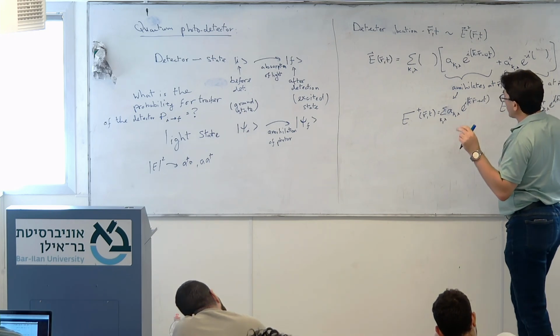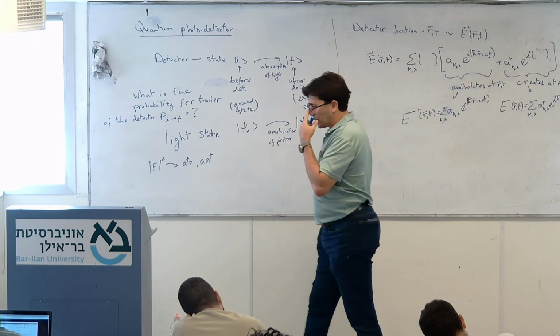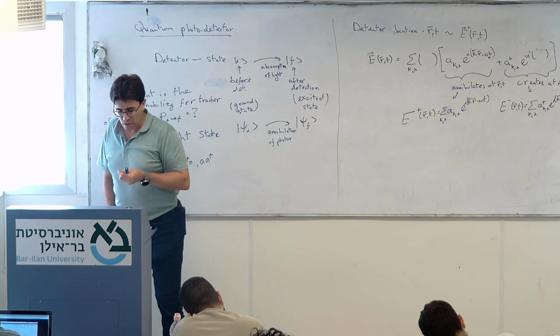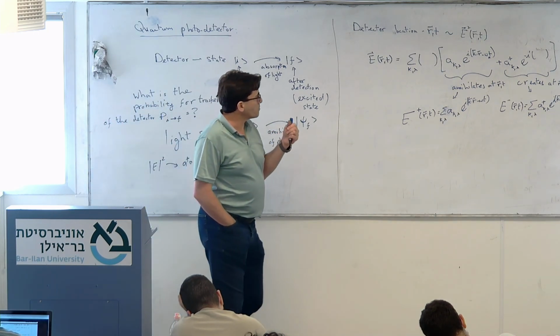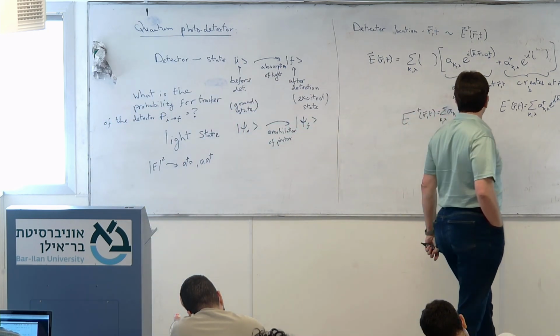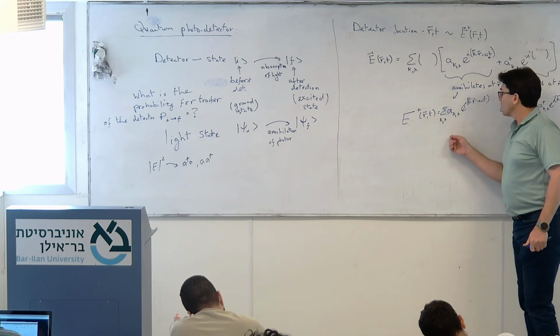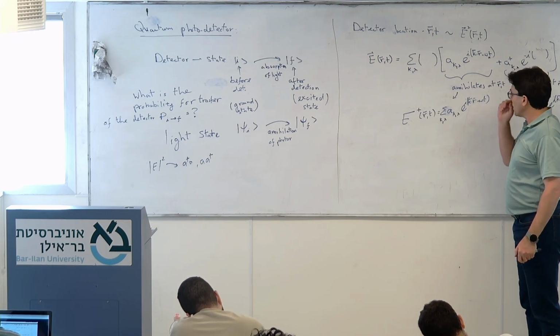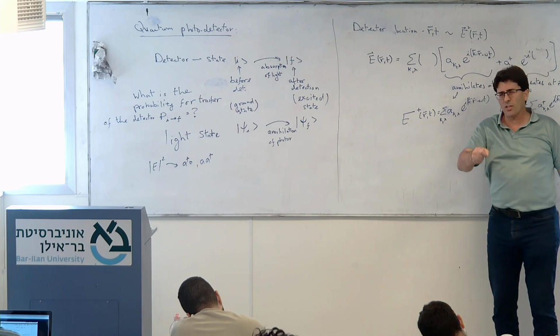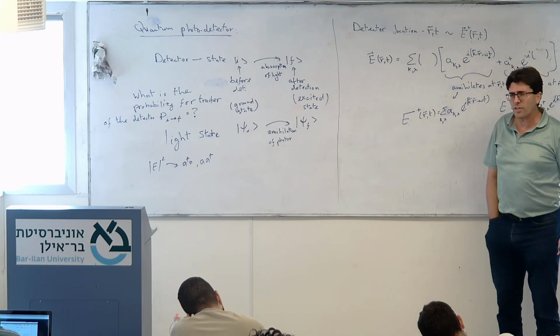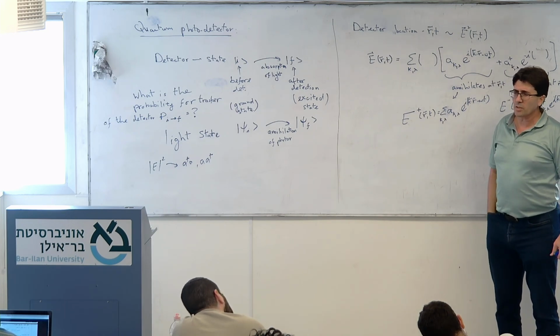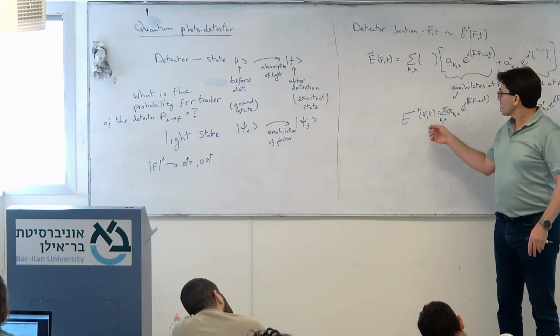Now we should take that with a grain of salt, because to actually be able to create or annihilate a photon at a very specific location in space-time, a delta function of space-time, you would need infinite k's.